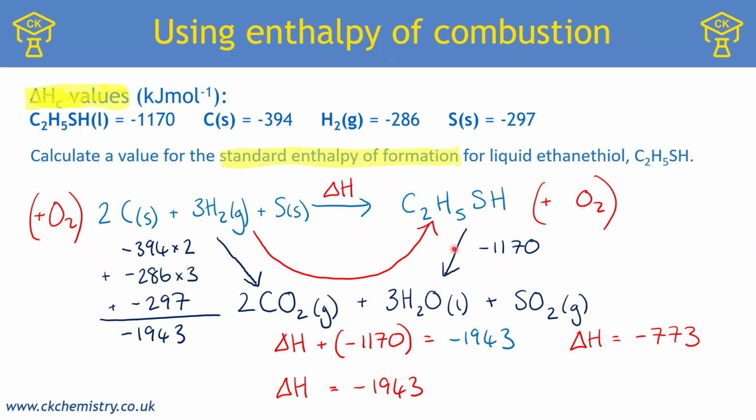And then this arrow, I'm going the opposite direction. So I'm going to put a minus in front, minus 1170. Switching the sign. Guess what? Answer's the same because it's Hess's law. And it doesn't matter how you work it out, so long as you have the right idea.